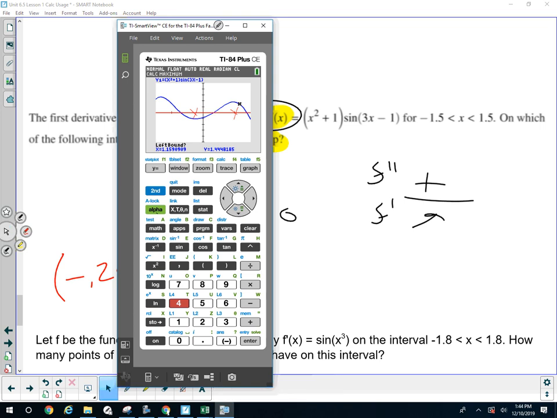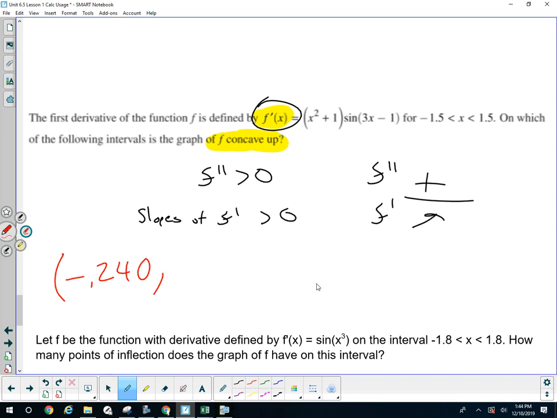And I get 0.964. Okay, these are the things you'll be seeing on your homework. Make sure you do your homework in preparation for the quiz.